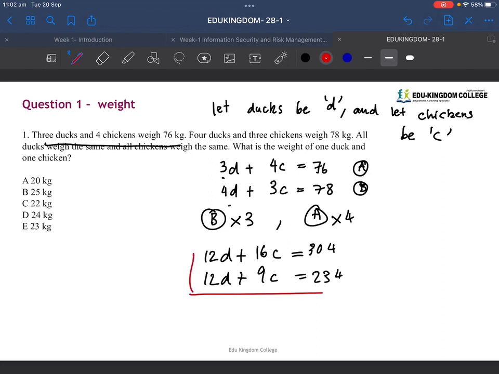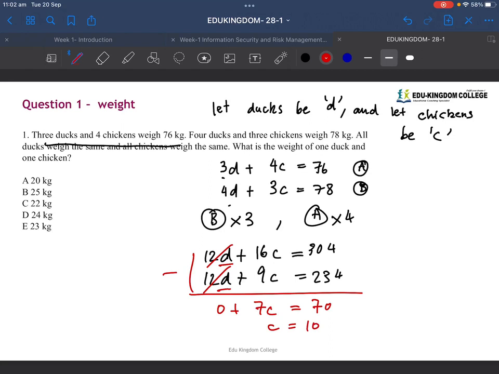Because, look guys, if I minus top and bottom, I get to cancel the 12D's out. So I get 12D minus 12D, which is 0, plus 16C minus 9C, which is 7C, equals 304 minus 234, which is 70. Can you see why I did that? It's so that I can eliminate the terms with D, so that I'm left with one term, C, so that I can work out what C is individually.